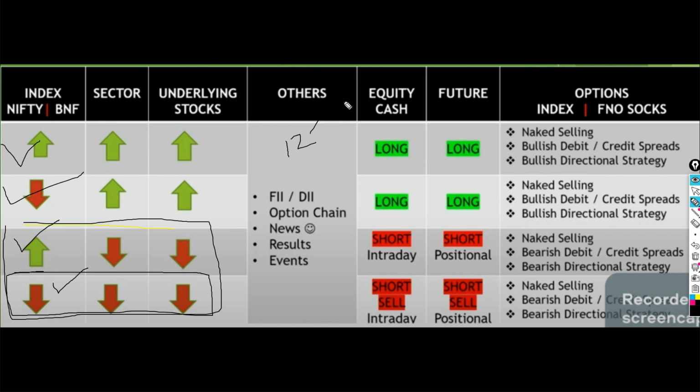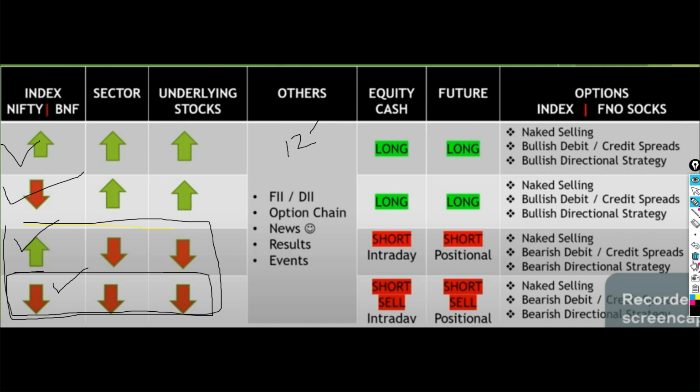Whenever the Nifty goes down, a few sectors will be going up. You call it manipulation or design, you name it, this is how it has been designed. Not all 12 sectors will be going up. Yes, they may, but the majority of the time if the Nifty is going up, a few sectors will be coming down, and if the Nifty is coming down, a few sectors will be going up.